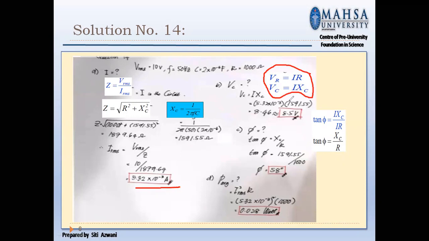You already calculated the value of your XC here, and then substitute into your formula, times the current across the capacitor, which is the same as the IRMS. So you got the value of your voltage across the capacitor, 8.5.